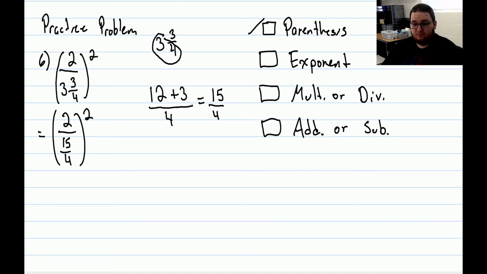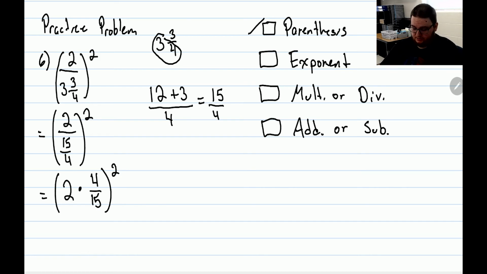Whenever you divide by a fraction, you're going to flip it and multiply. By flip, I mean you take whatever's on bottom and put it on top, and whatever's on top and put it on bottom. So this 15 over 4 is going to change into 4 over 15.